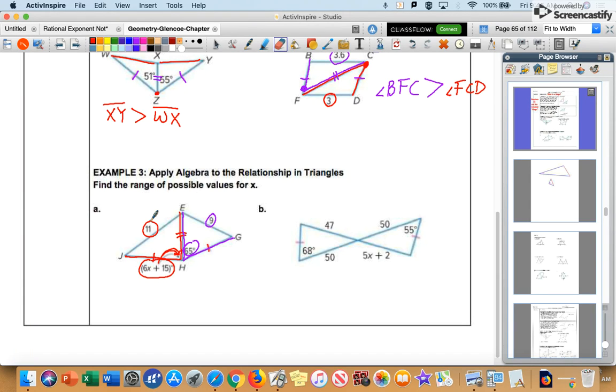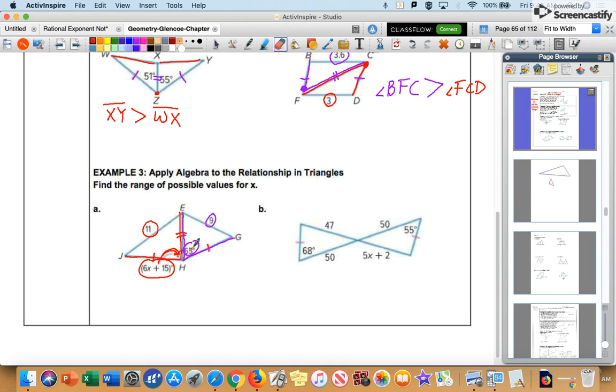All right, so in this case, what we're asking for is the range of possible values for x. We're looking at the converse in this particular situation. You notice that 11 is across from the 6x plus 15, and 9 is across from the 65.